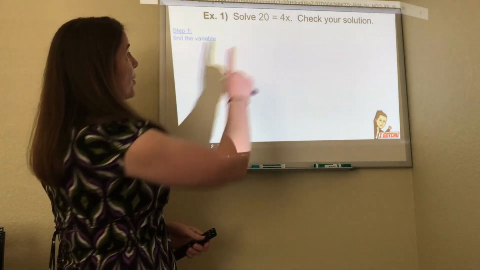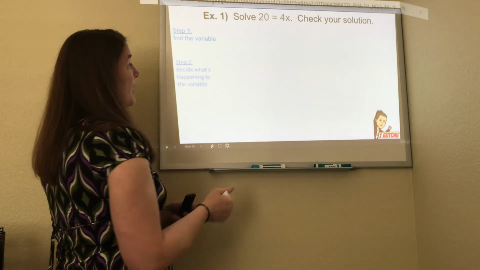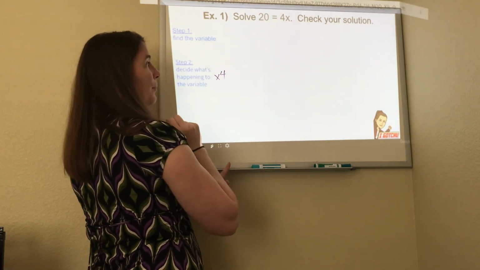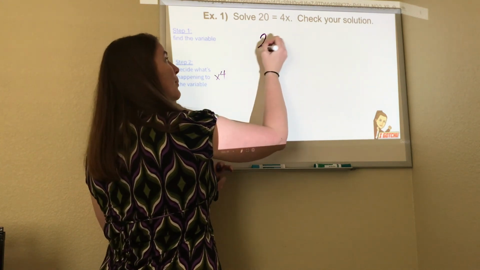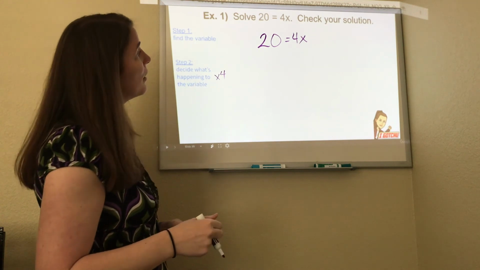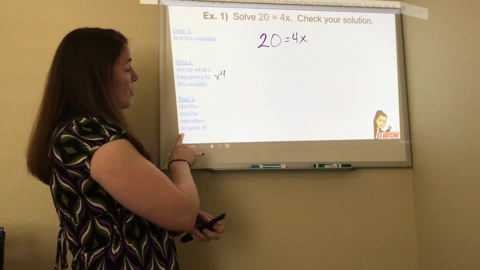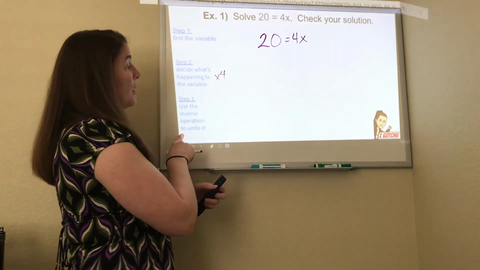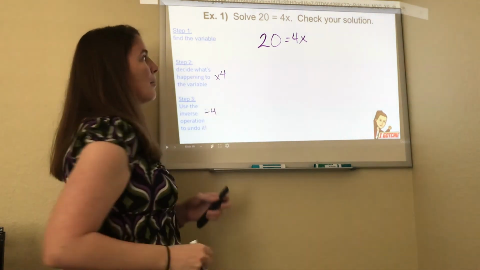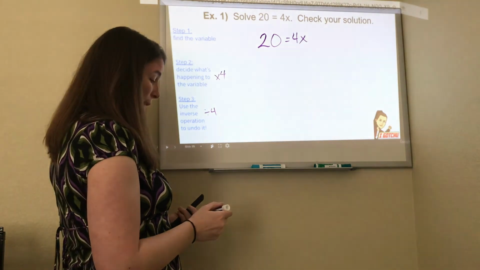First find the variable, decide what's happening to the variable, so we're multiplying by 4. So I'm going to go ahead and write 20 equals 4x. And then we're going to use the inverse operation to undo it. So instead of multiplying by 4, we're going to divide by 4 on both sides.